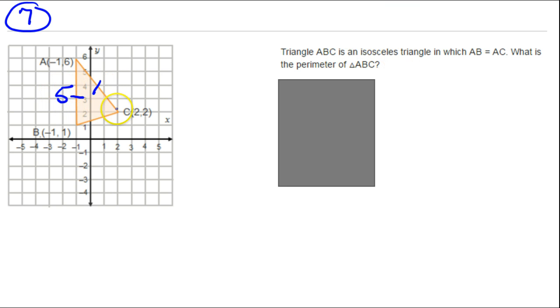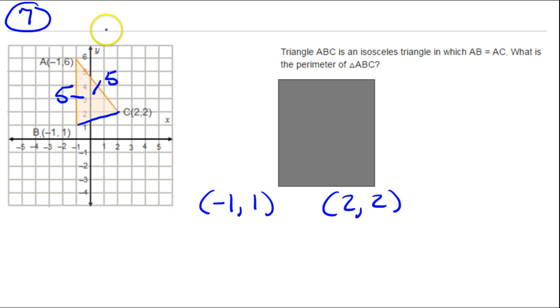Now, we're told it's isosceles, and we've marked these two sides equal in length to remind us. So that means these are both 5. That means all we really need is to find the length from B to C. Okay, now let me just blow that up a little bit because it might be hard to see. We have the point negative 1, 1, and then we have the point 2, comma 2. So we'd like to know how long that is, which is the same as asking what's the distance between these 2 points.